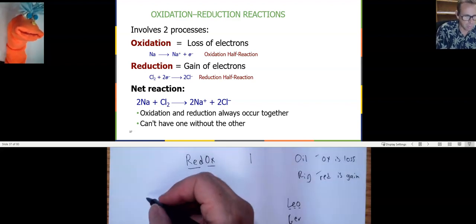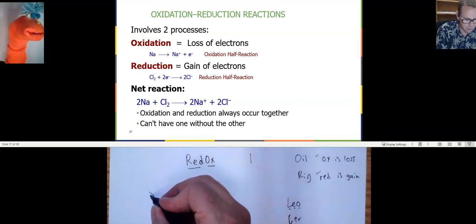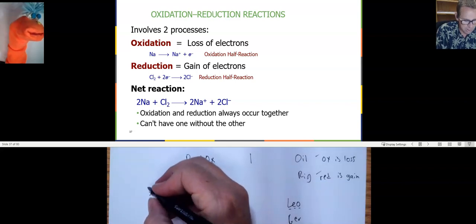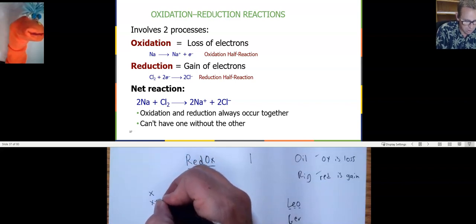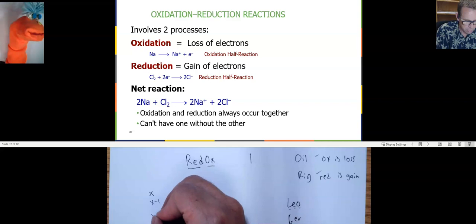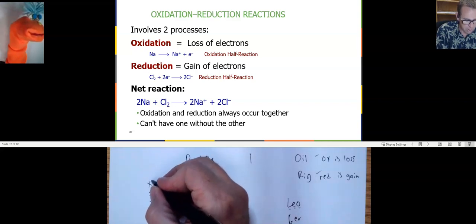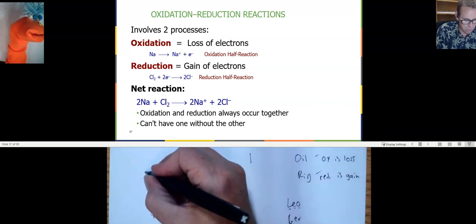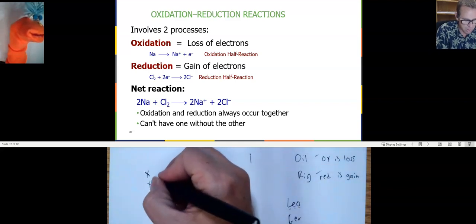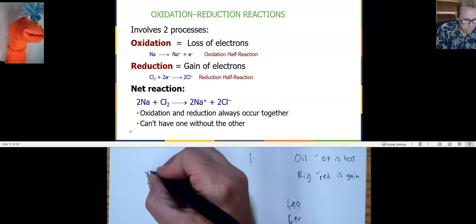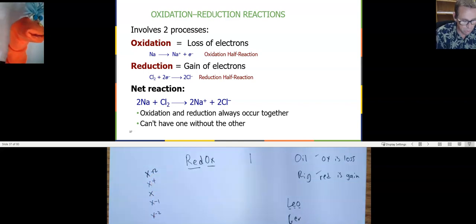For me, what I prefer to do is think about an element. Let's think about element X. If element X gains an electron, it has a -1 charge. If it gains 2 electrons, it has a -2 charge. If element X loses an electron, it gains a positive charge. If it loses 2 electrons, it gains a +2 charge.